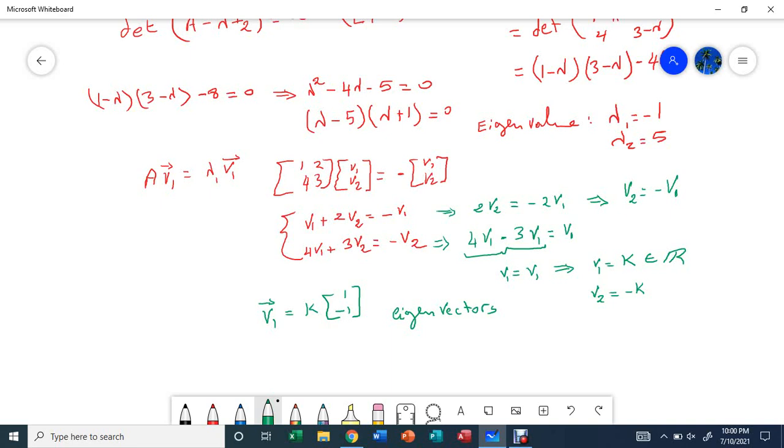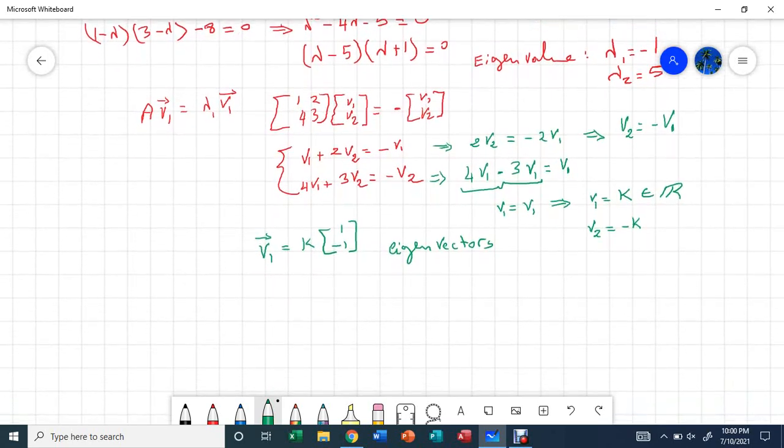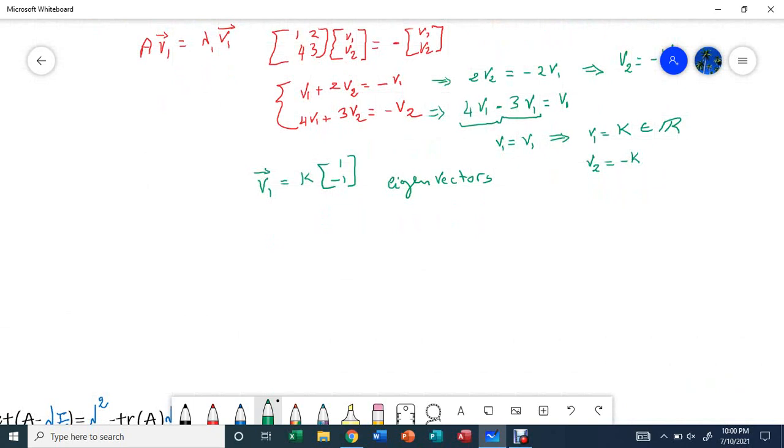Let's find the eigenvector v2 corresponding to lambda 2 equals 5. Same way, we do A v2 equals lambda 2 v2.